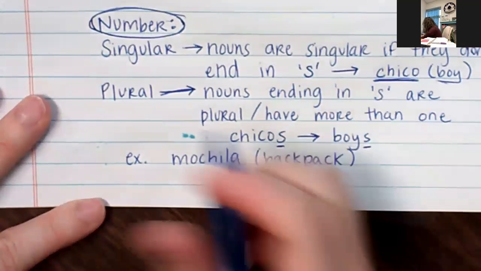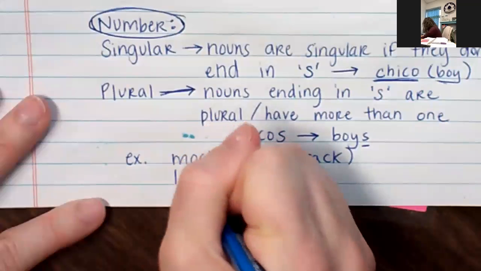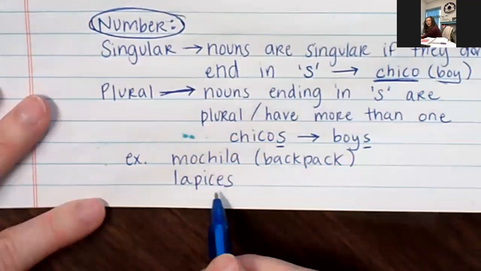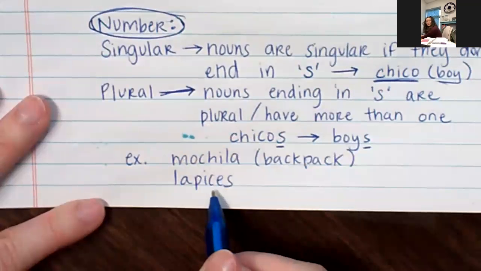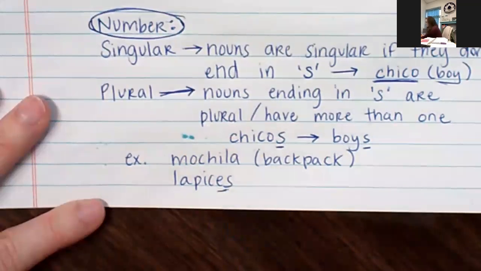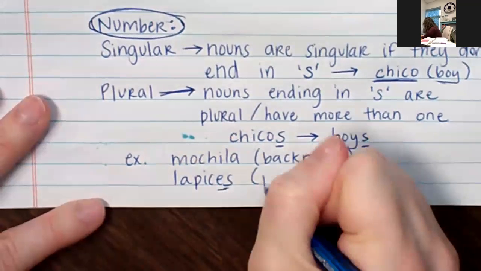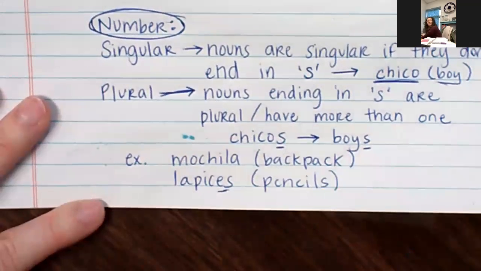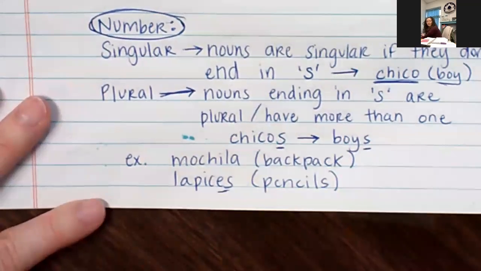If I have lápices, singular or plural? It ends in an S, so it is plural. There's more than one. It's how we say pencils in Spanish.